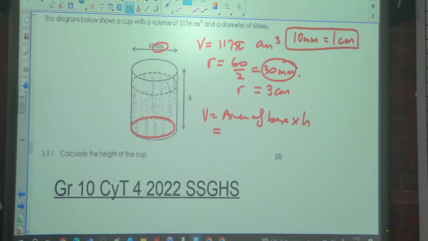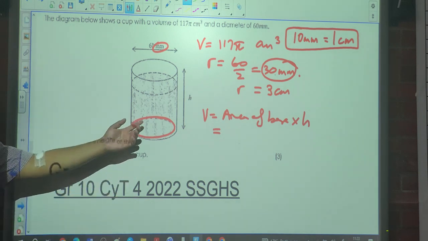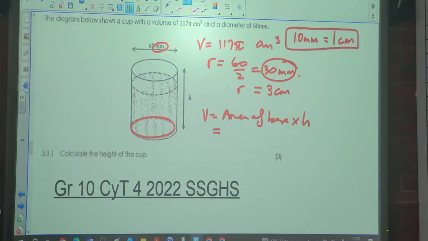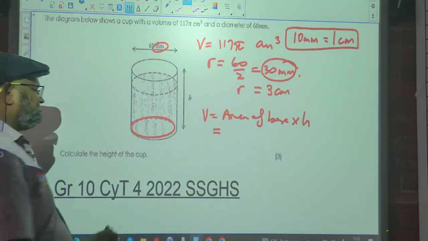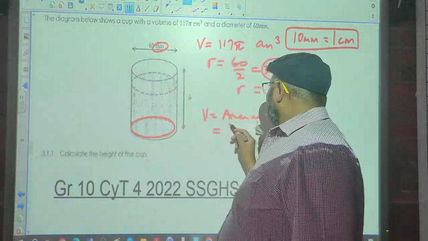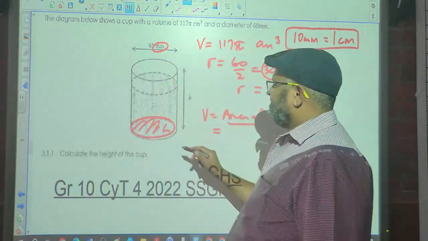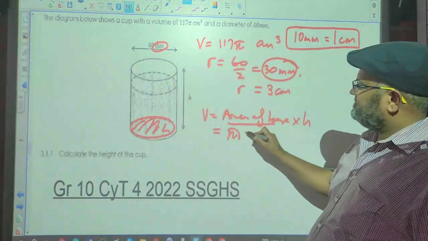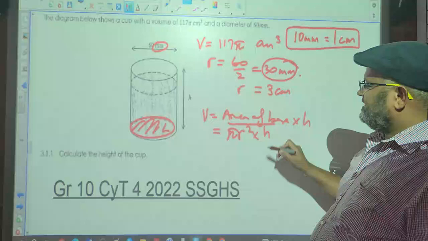The shape is a cylinder. It's a cylindrical prism. And the base is a circle. So how do you calculate the area of the circle? Pi r squared times height.